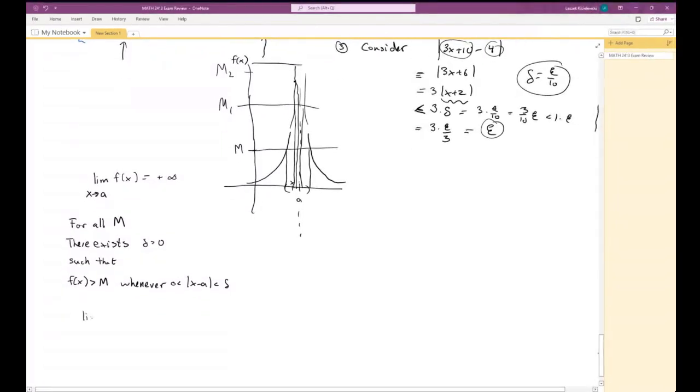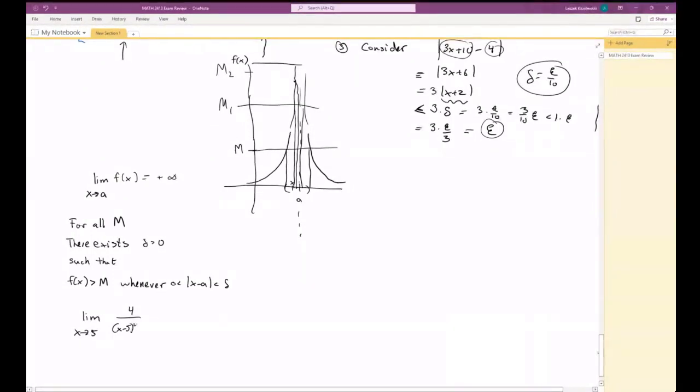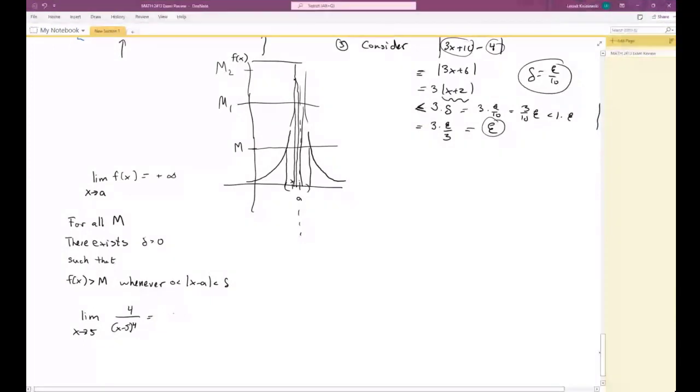Let's suppose we take the limit as x goes to 5 of 4 over (x minus 5) to the power of 4. Well, that doubles. Now, this is clearly going to be positive infinity because we get 4 over something that goes to 0, but from the positive side, right?